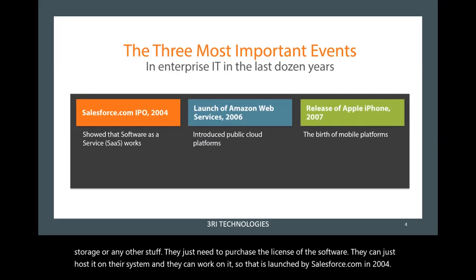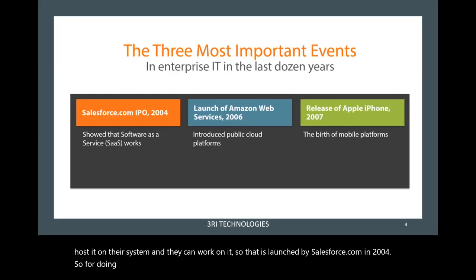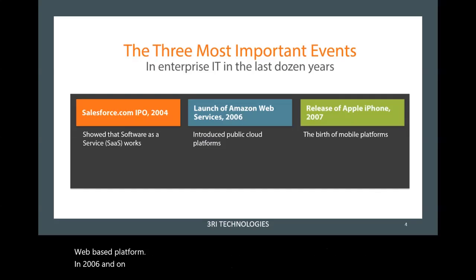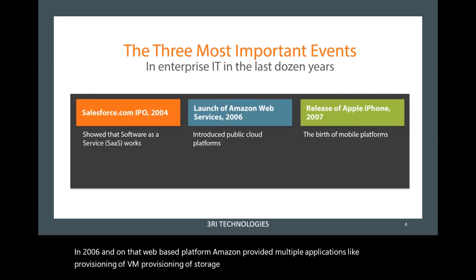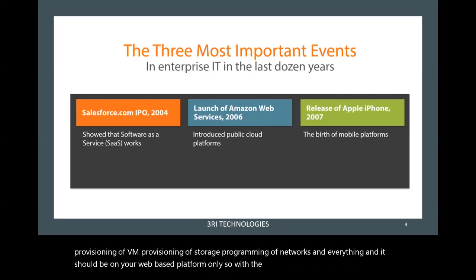To compete with that software as a service, Amazon launched their web-based platform in 2006, and on that platform Amazon provided multiple applications like provisioning of VMs, storage, and networks, all on a web-based platform with the public cloud. What is a public cloud? It's connected to the public internet.